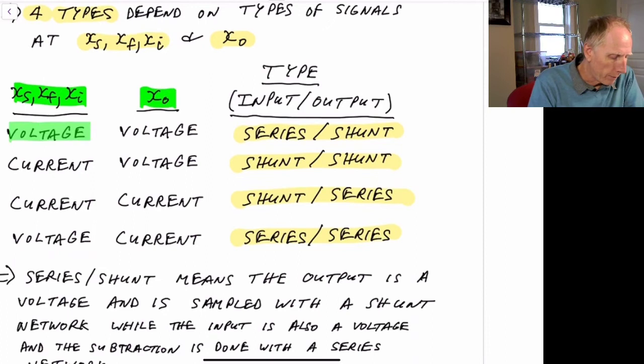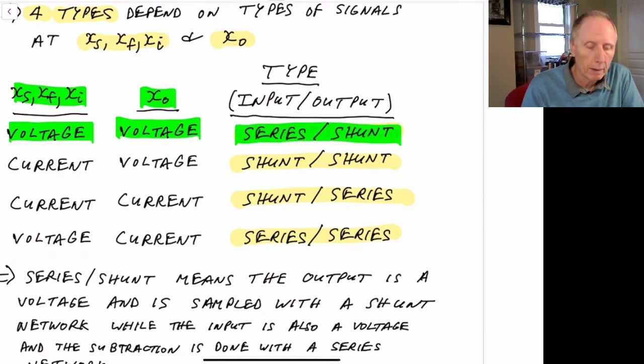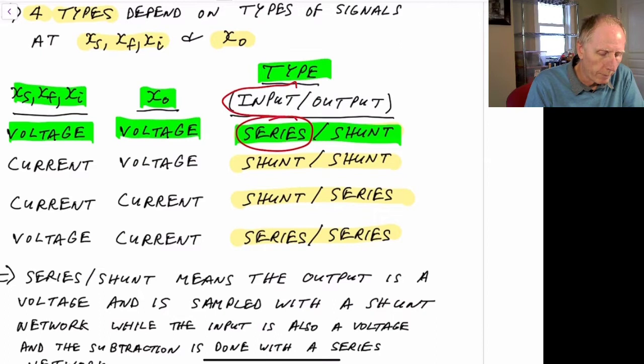So we either have the input being voltage and the output being voltage. If we have that, we call it a series shunt feedback circuit. And the series refers to the input type, and the shunt refers to the output for this feedback circuit.